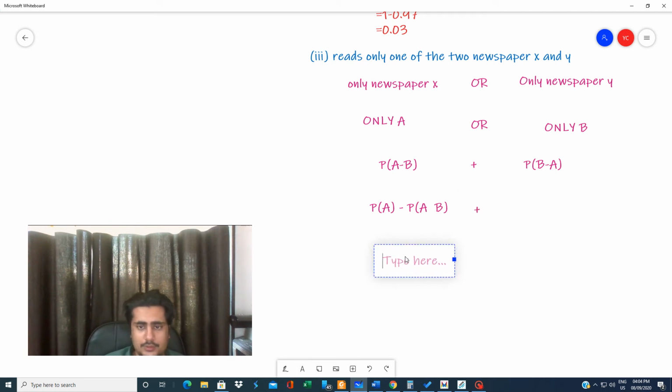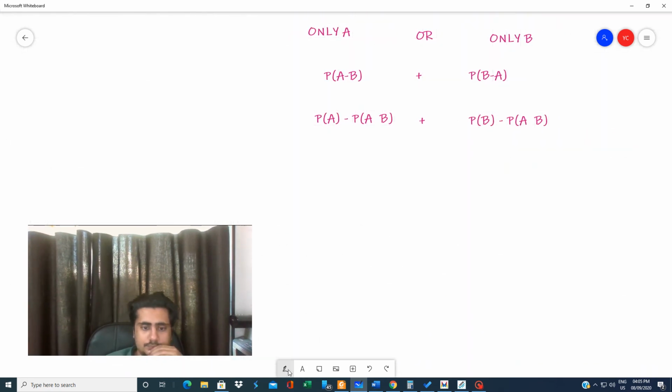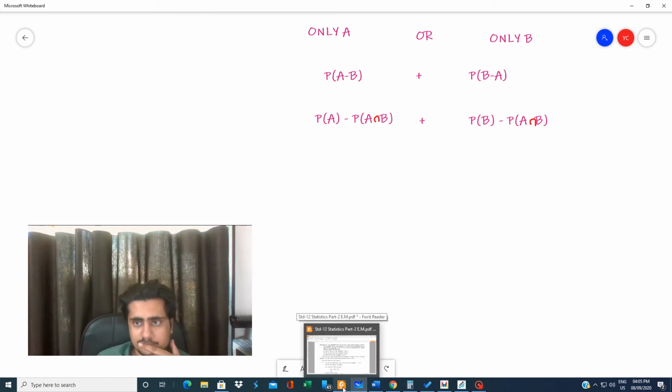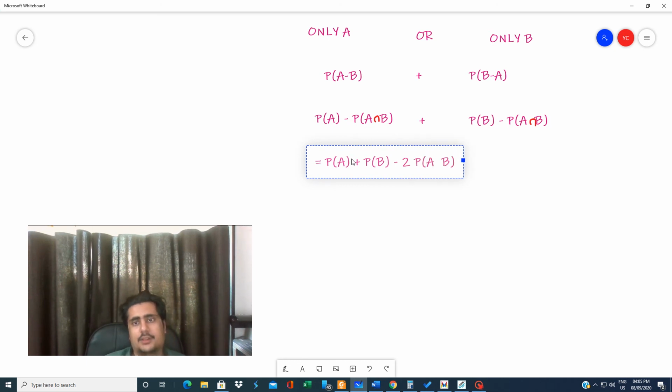And this P of B minus A will be P of B minus P of A intersection B. Now, if you solve this particular formula, P of A minus intersection plus P of B minus intersection, the formula will be something like this: P of A plus P of B minus 2 P of A intersection B.